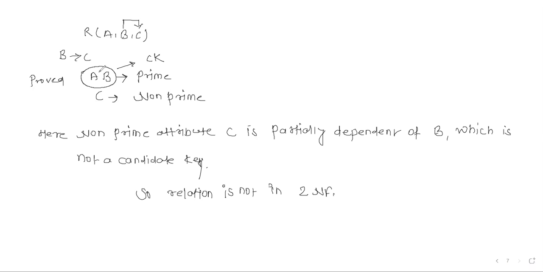C is not a member of AB. That's the reason C is a non-prime attribute. Now, the statement says no non-prime attribute, but here one non-prime attribute depends on a partial, which is nothing but a subset of a candidate key. So B is a subset of candidate key AB. So C is not fully dependent on AB. C is partially dependent on B. Getting my point? It should be fully dependent.